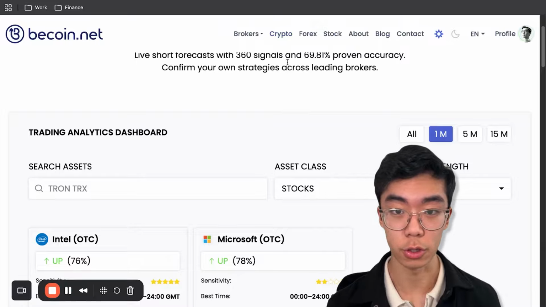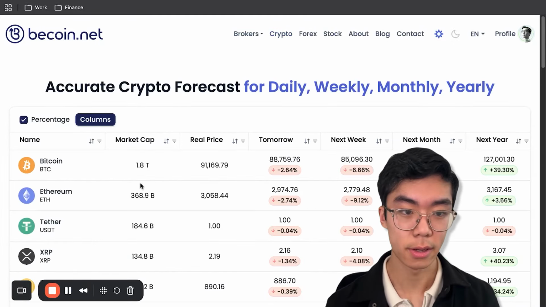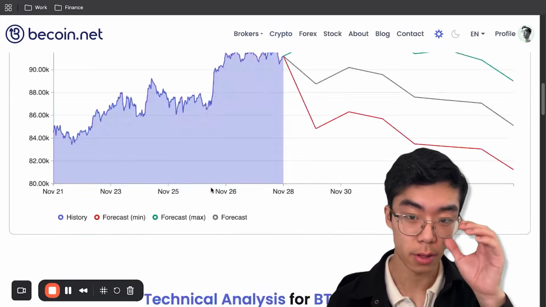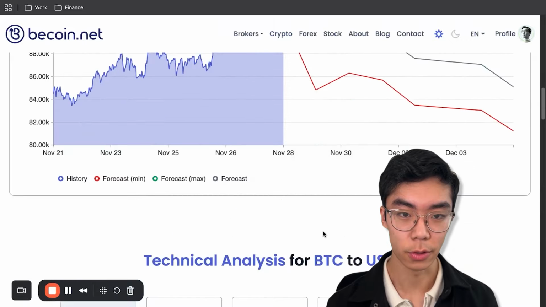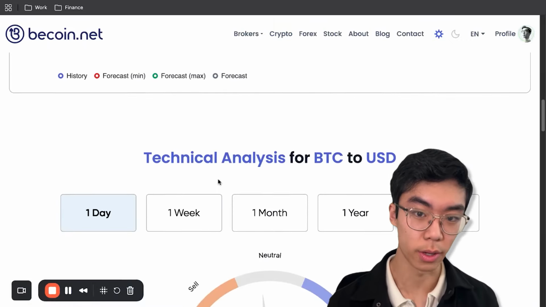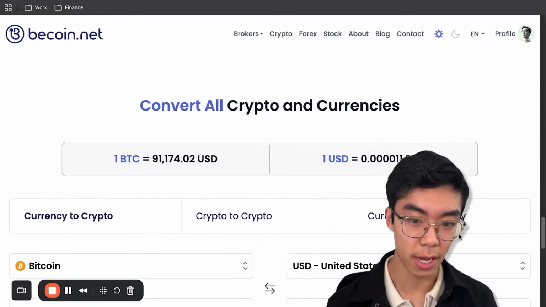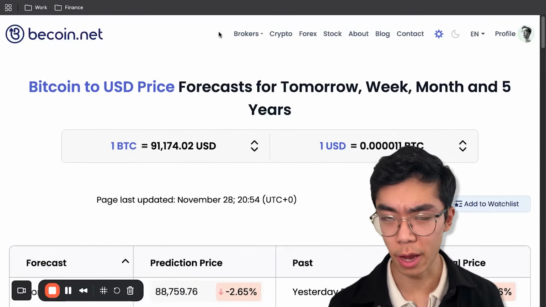Really great tool just to use overall. And you can even go here, look at longer term forecasts, and see the specific details of the forecast as well. Okay, and these update live as well. So here, 7-day forecast, Bitcoin's going to go down, right? You can also see technical analysis, if it's a sell, buy, whatever. So really great tool. I use it all the time.